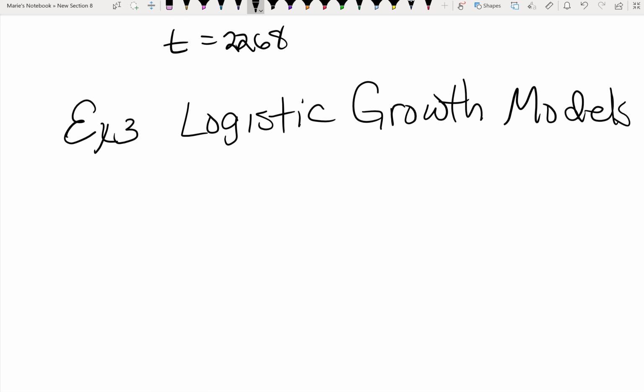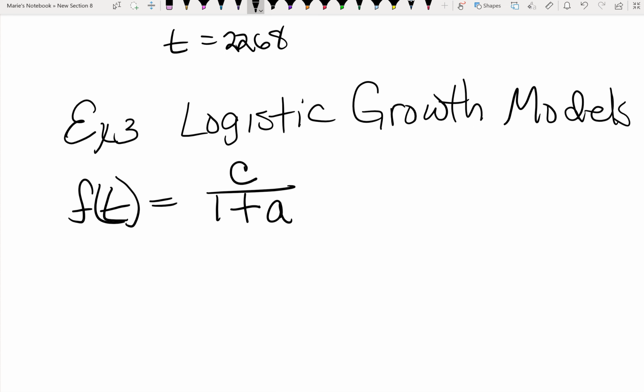The two formulas that you are going to need to learn really well are the two that I'm going to put right here, where you have f of t equal to c over 1 plus a times e raised to the negative bt.